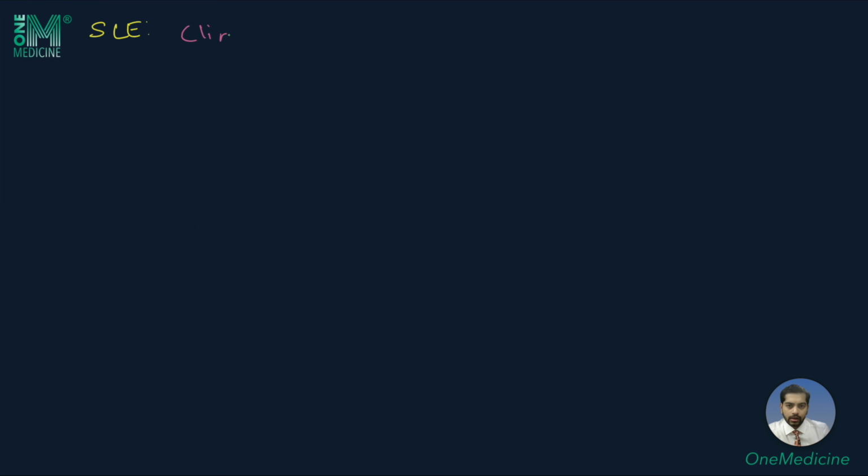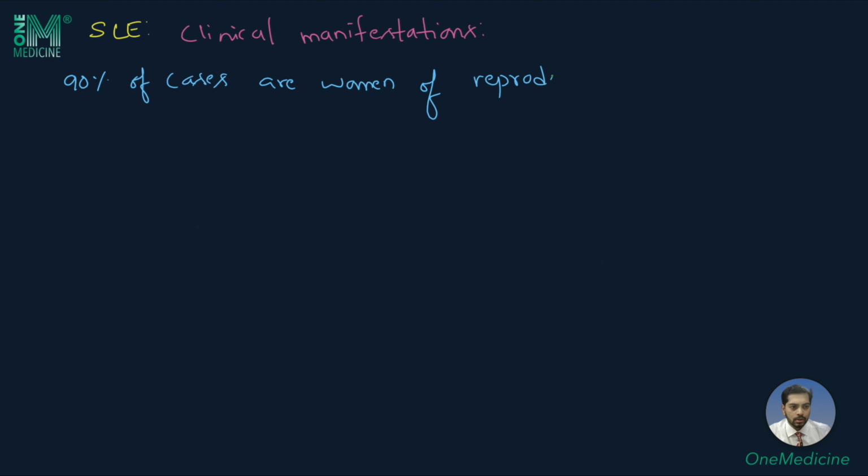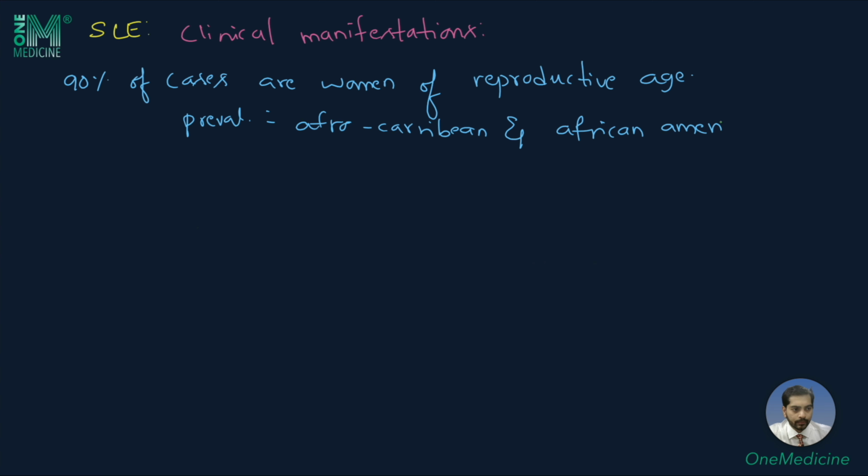Let's look at the clinical manifestations. Approximately 90% of the cases are women of reproductive age group, with highest prevalence seen in Afro-Caribbean and African American women.